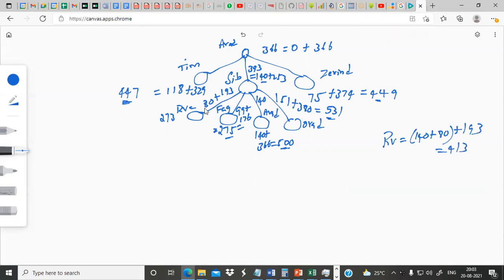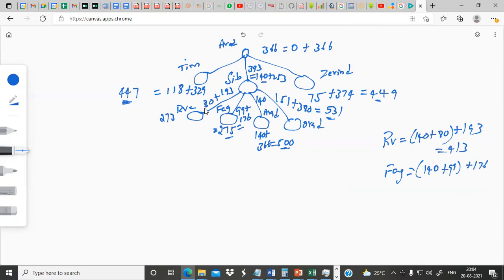Similarly, if you take this path via Fagaras, it will be 140 plus 99. This is the actual cost, plus 176.